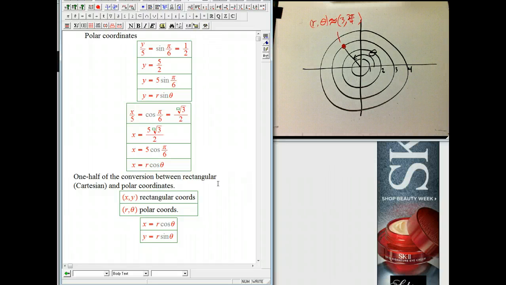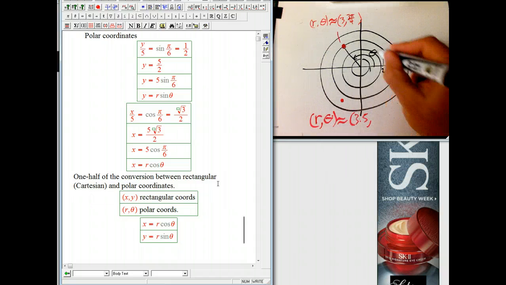Now, what about if we did a point, say, down here-ish? Okay. So let's see. What's the r, theta for that guy? Well, r, it's between 3 and 4, so it's about 3.5 approximately. Okay. And then what about the theta? Well, let's see. Let's crank it around all the way over.